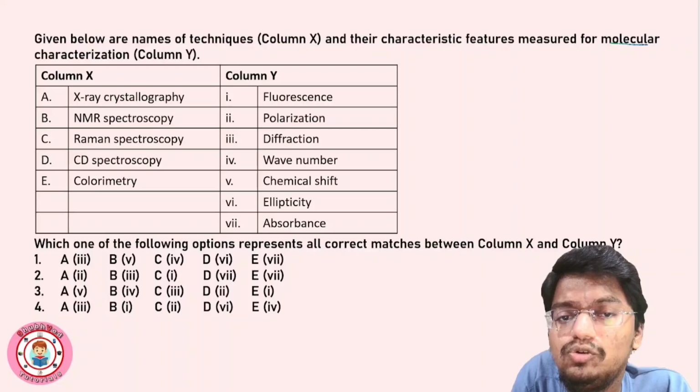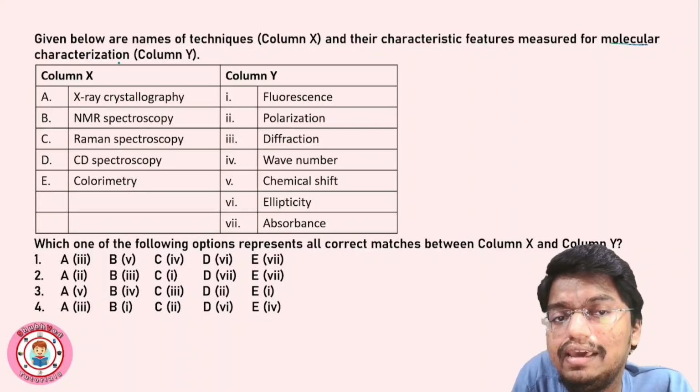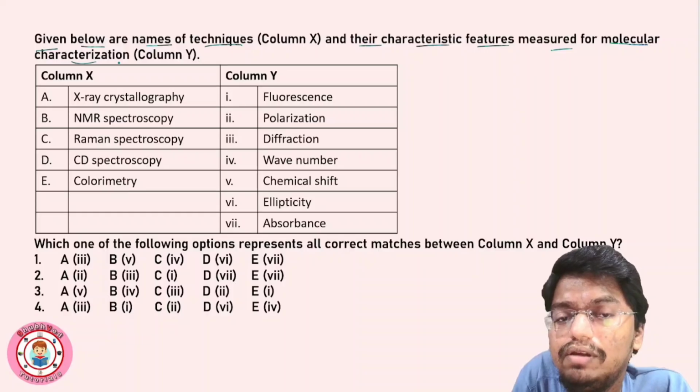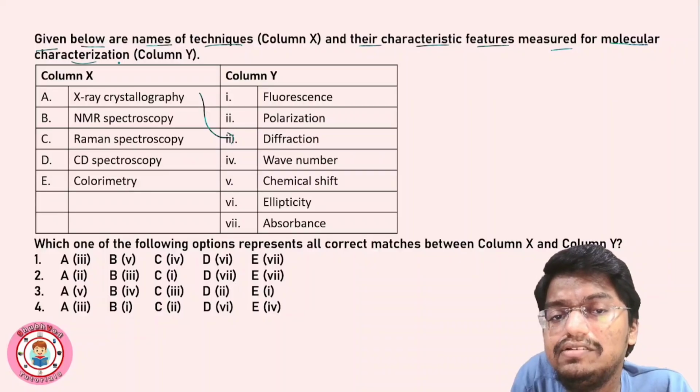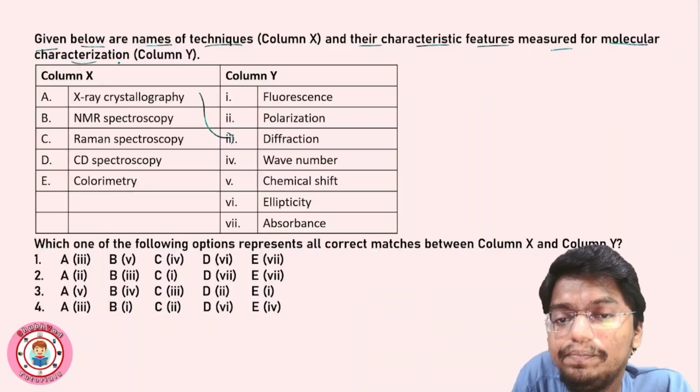Match the following, very easy to solve. Given below are names of techniques in column X and their characteristic features measured for molecular characterization in column Y. X-ray crystallography, diffraction, right? It has a big role in DNA structure determination.